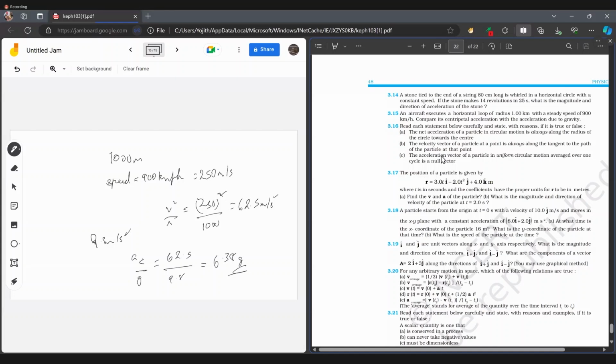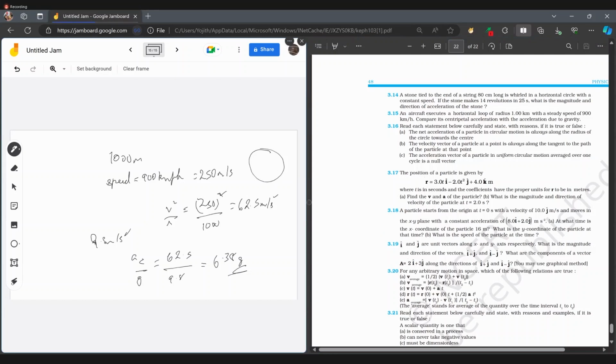next question. The position of a particle is given by r is equal to 3t i cap minus 2t square j cap plus 4 k cap, where t is in seconds and the coefficients have proper units for r to be in meters. Find the v and a of the particle and what is the magnitude and direction of velocity of the particle at t equals 2 seconds.